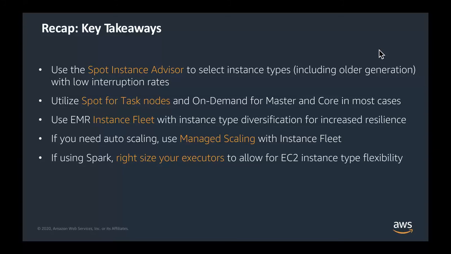And then, as I said, with the 15 instance types available now, you have a lot more options to do that. And again, if you need auto scaling specifically, managed scaling gives you a great option in conjunction with instance fleet. And then we talked about right sizing your executors now.